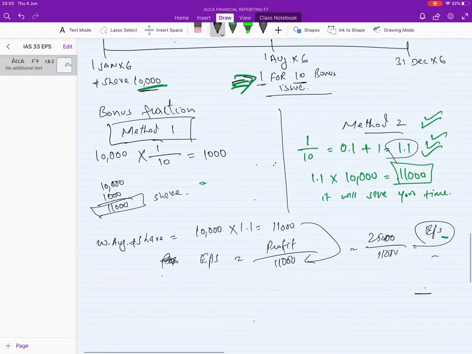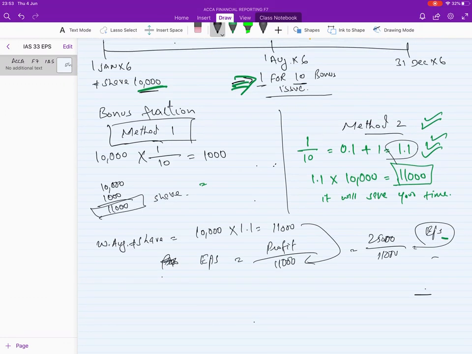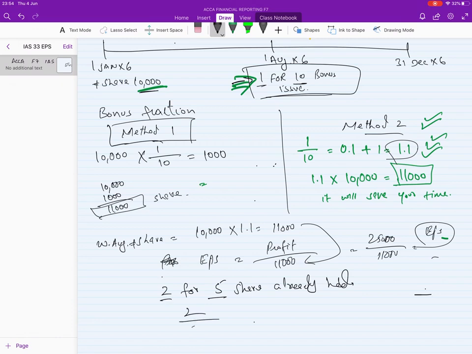Now if I say instead of this 2 for 5, whoever has 5 will get 2 for free. This means 2 divided by 5 is equal to 0.4. Just add 1 on top of it.